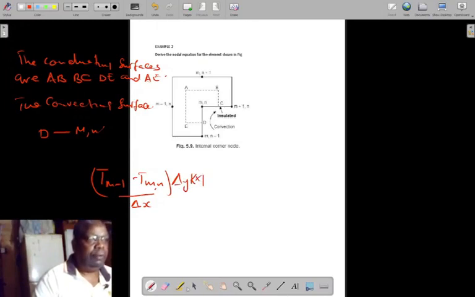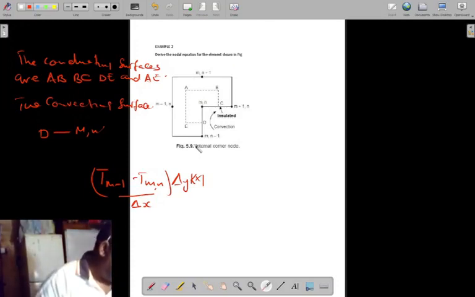That is, if you're looking at the interaction between our node there and Tm, this node here.